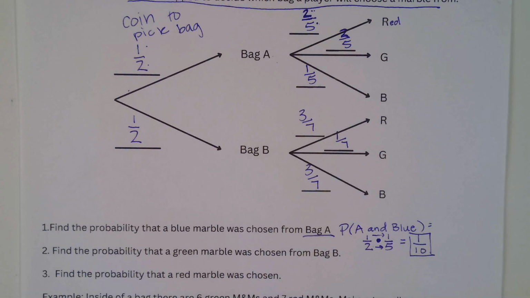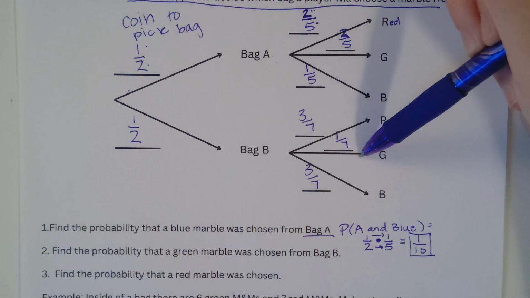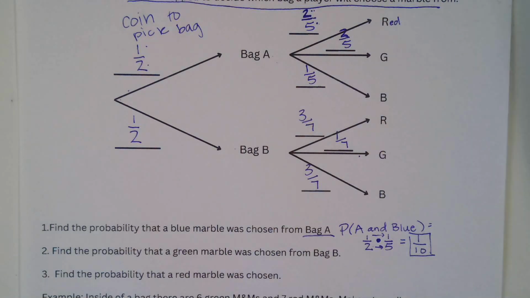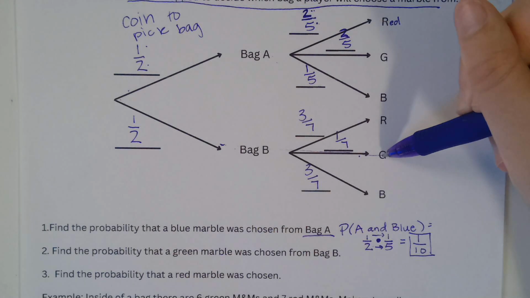Using the same kind of process, I want you to try number 2 on your own if you'd like. If not, I'm going to go through it. This one says to find the probability that a green marble was chosen from bag B. This is the path I'm following now. I'm going down to bag B, and then to green. To follow that path, I cross through this 1/2, and then the 1 out of 7.